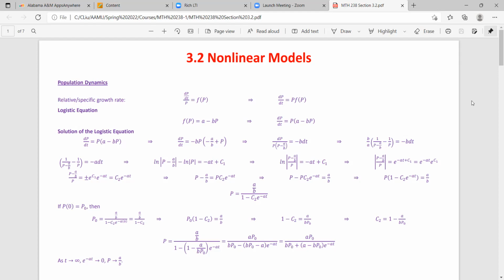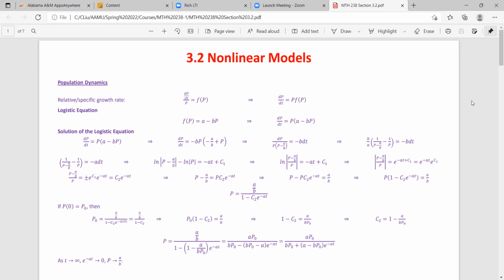That equation can be solved completely analytically. So what do we do? We can convert this equation to be a separable equation. So what do you do?